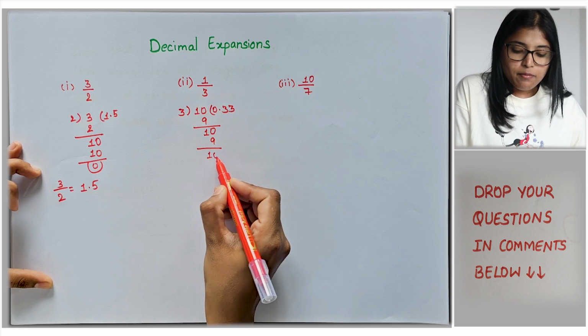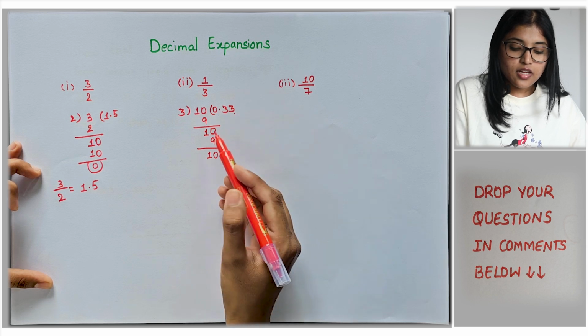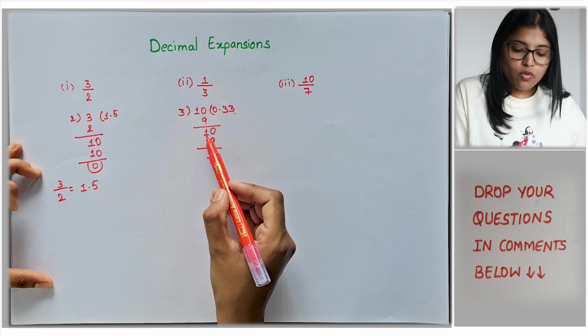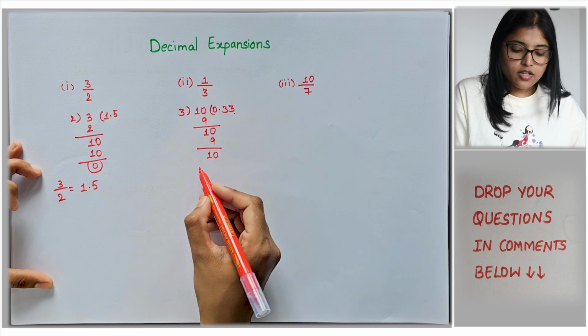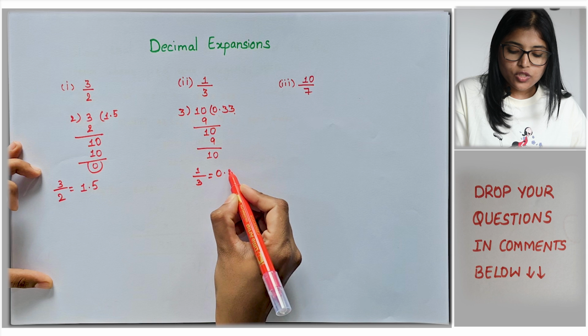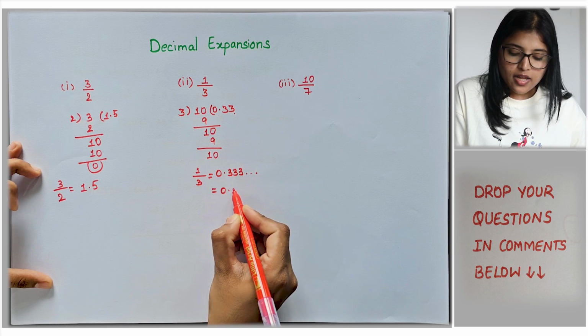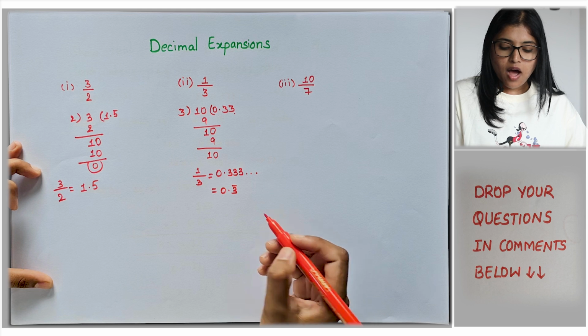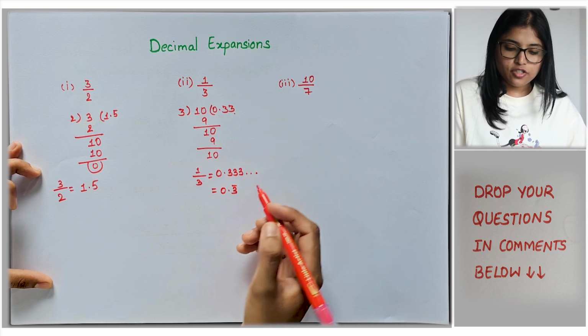We can see what's happening here is that this is recurring, 3 is recurring. So the moment we end up with what we started, we can understand that the decimal is going to recur. So the answer for 1 by 3 is a recurring decimal, which can be written as 0.3 bar. We put this bar on the recurring part of the decimal expansion.